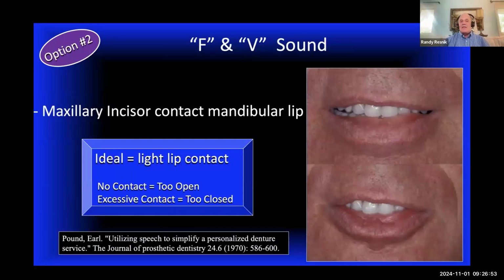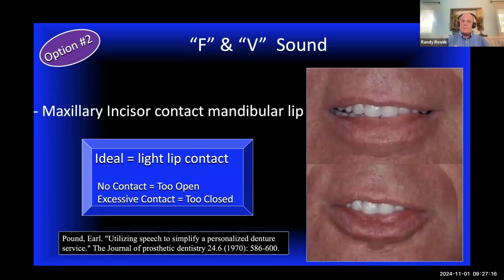Another is the F and the V sound. Earl Pound was first to talk about this. And basically, what you do is, with any of the F or the V sounds, you evaluate the patient's maxillary incisor tips in approximation to the mandibular lip. Ideally, they should just lightly touch.